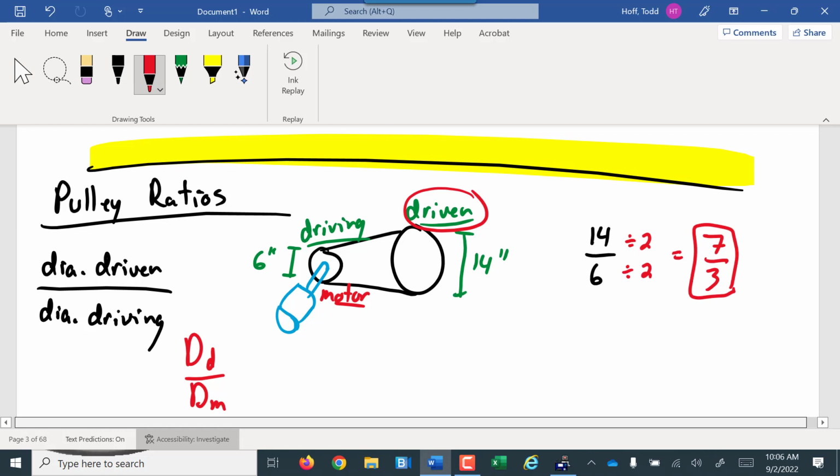Like I said, that ratio describes a lot of things. It describes not just the ratio of diameters of the two pulleys, it's the ratio of the RPMs between the pulleys, it's the ratio of torque transfer between the pulleys, and all that. The biggest thing you guys need from your textbook is the ratio of the RPM transfers between the pulleys.